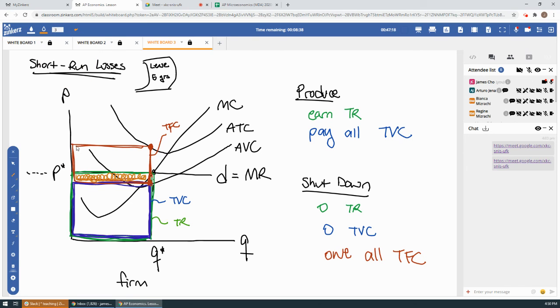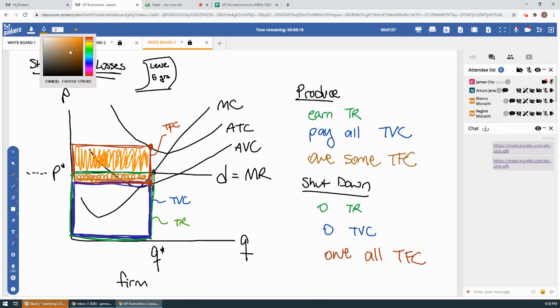What happened to this much? I still owe it. I still have to pay it no matter what. But the cool thing is, I was able to pay some of this total fixed cost. So I still owe, but I only owe some of my total fixed cost.